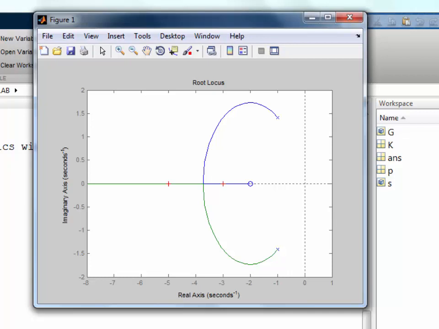So this can be a helpful command. Another helpful command that is actually quite powerful is called the RL tool command, and you can also call it via the SISO tool command, but we won't get into that during this module. That's something we'll discuss later on.